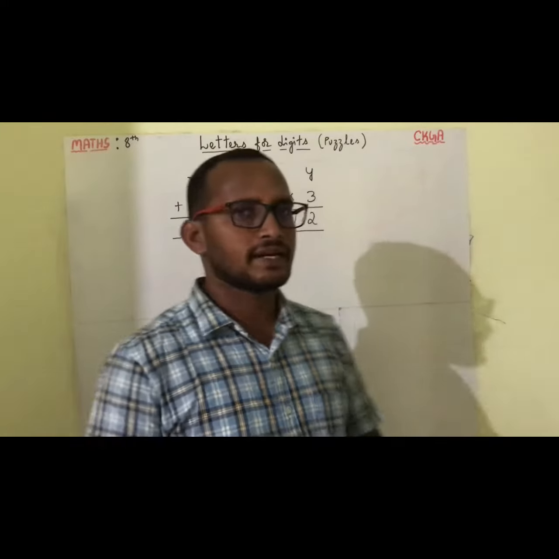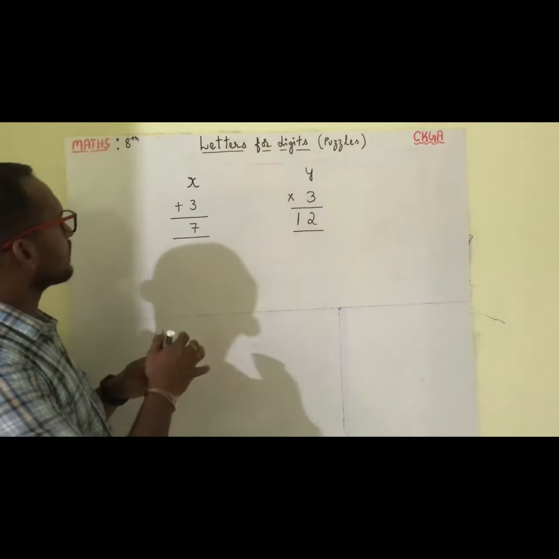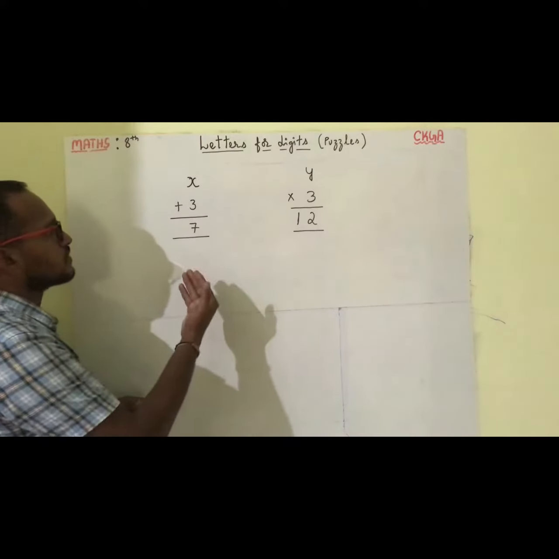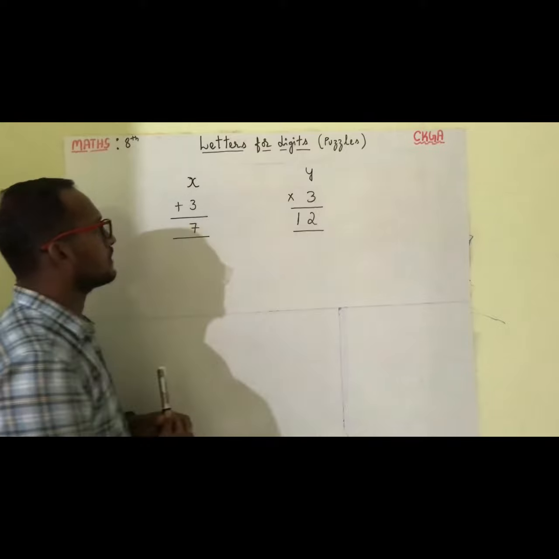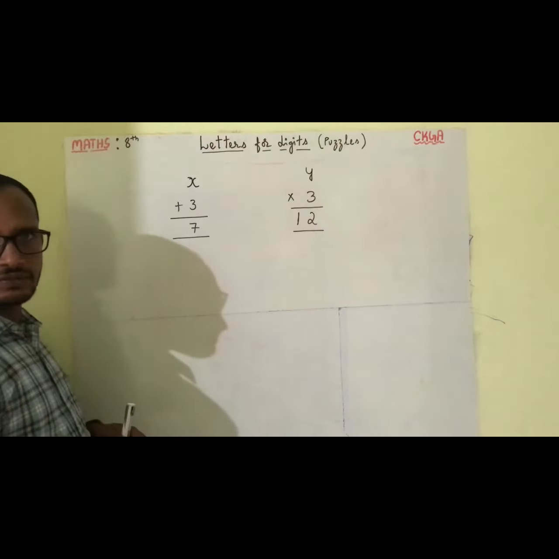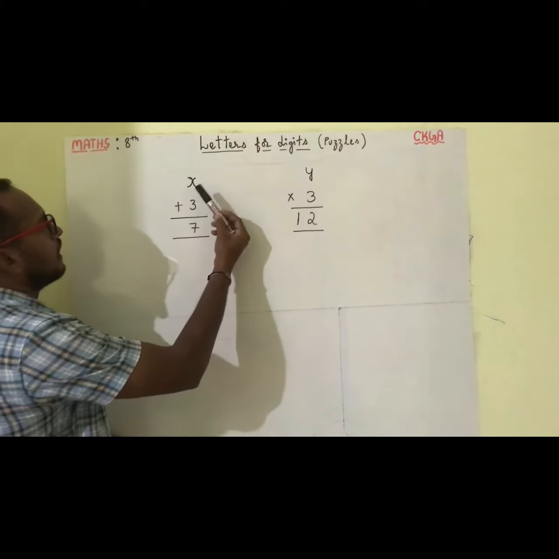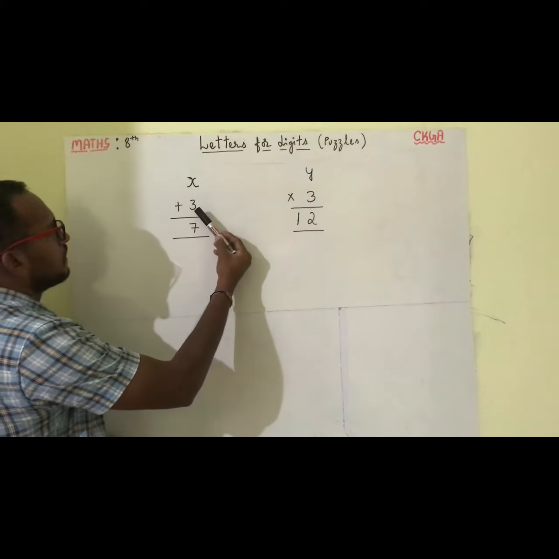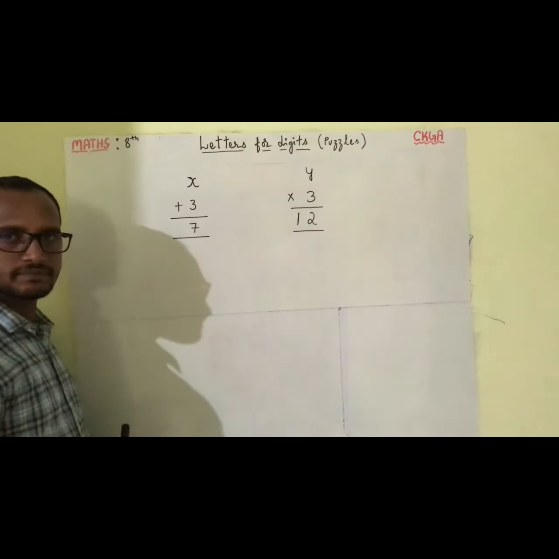Here are two problematic situations. You can observe that each problem contains letters with digits. But two processes are taken here: an addition process here, and a multiplication process there. For what value of x should be added to 3 to get 7?